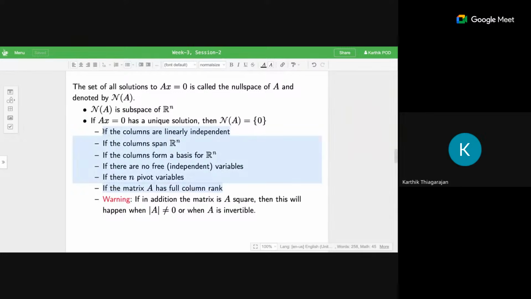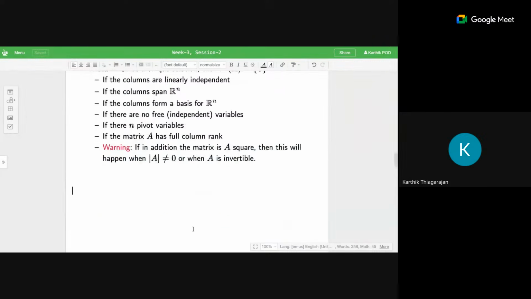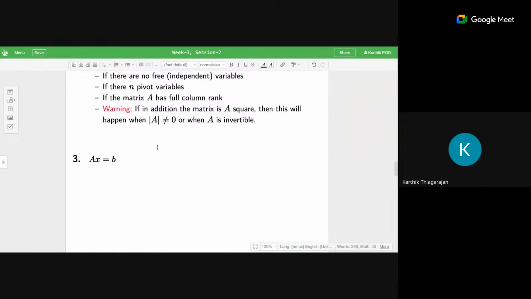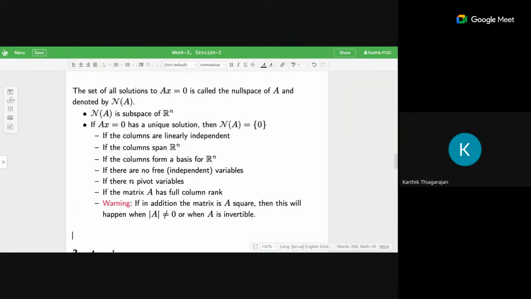Only in a very special situation will you actually have a square matrix, so keep this in mind. This should be the last way to understand homogeneous systems. It is not wrong, but it's a very special case. All right, so that is Ax equal to 0. We have spent enough time here.